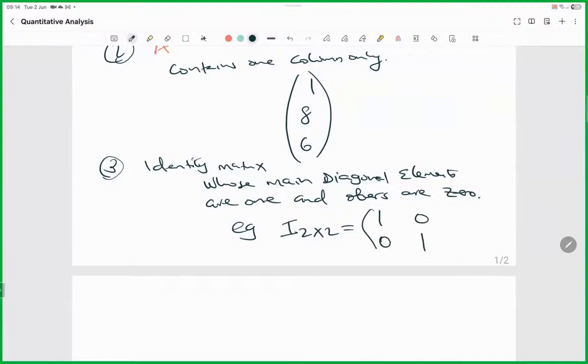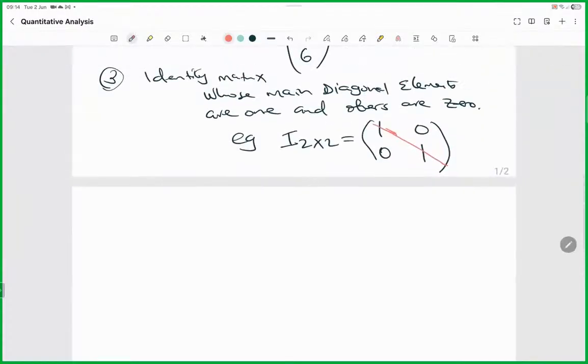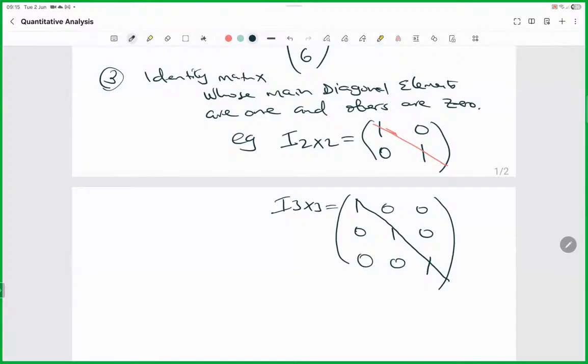You can see the main diagonal has 1, 1, and all the others are 0. A 3 by 3 identity will be 1, 0, 0, 0, 1, 0, 0, 0, 1. The main diagonal has 1s and all the others are 0.